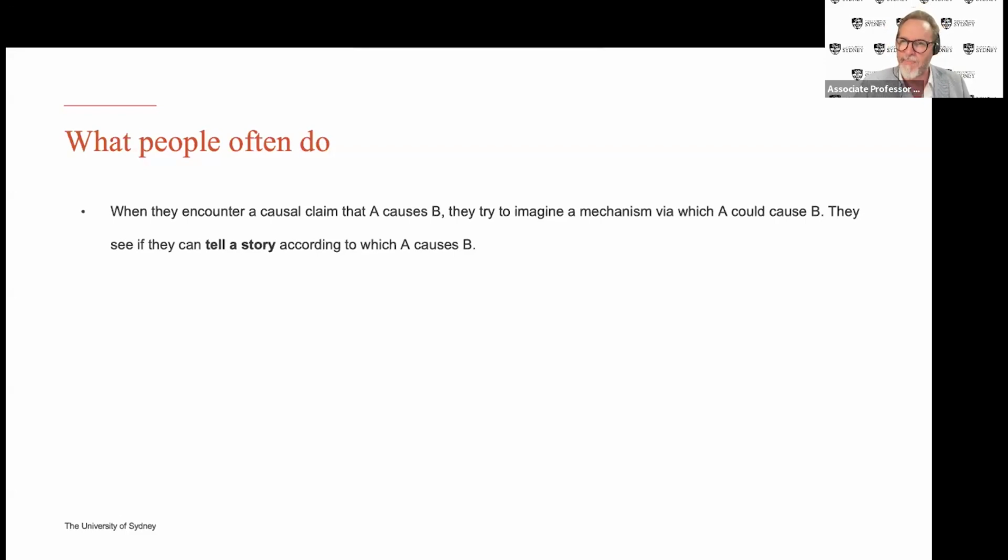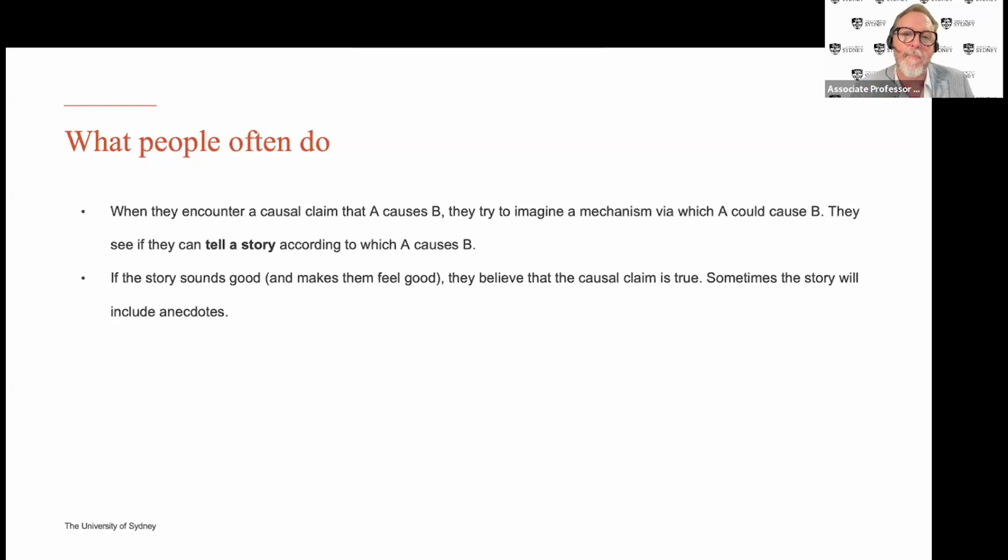A couple of people thought, yep, I think that would cause adult anxiety because it would damage the relationship with the parents, or because it's traumatic and hence it would produce post-traumatic stress disorder, at least in some cases.